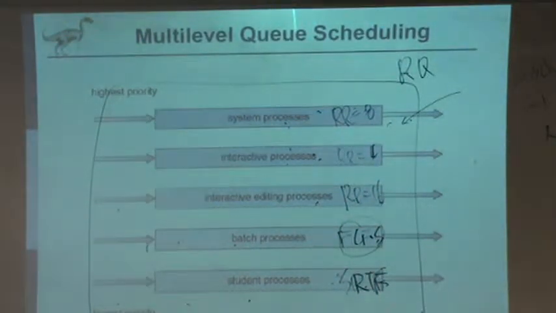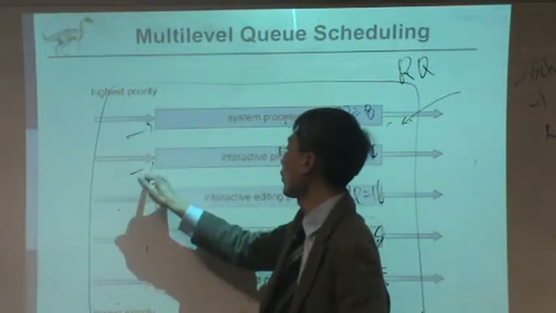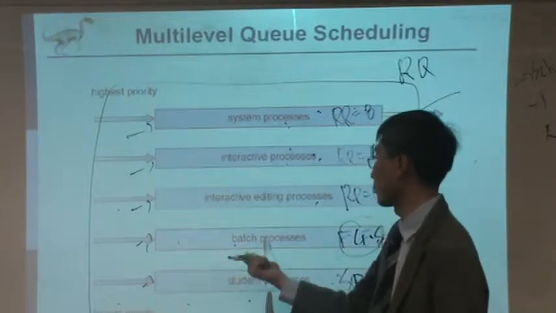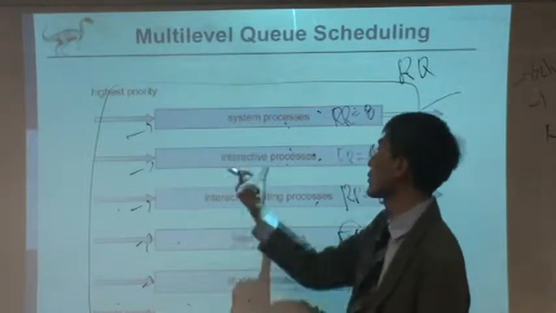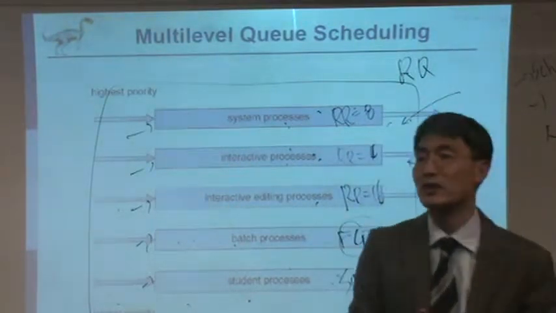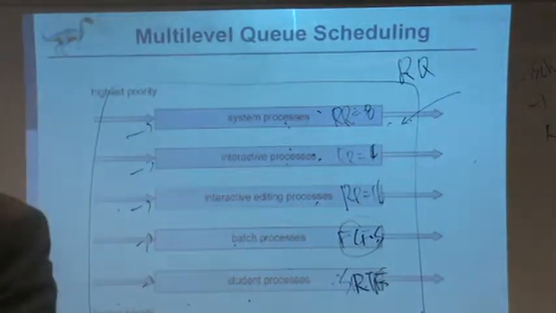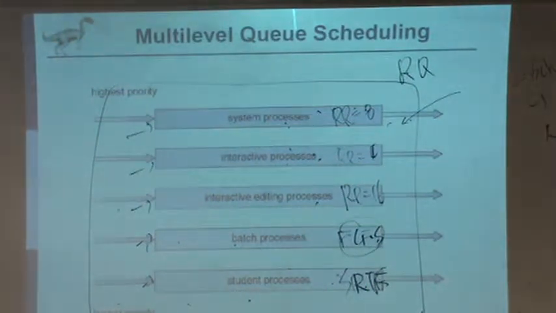Another problem is we need to classify the process into one of these queues. How do you know this is a batch process? How do you know whether this is a student process or a system process? Sometimes, if that process is a general process, you can know. You already have the information. What if I submit the ABC job?